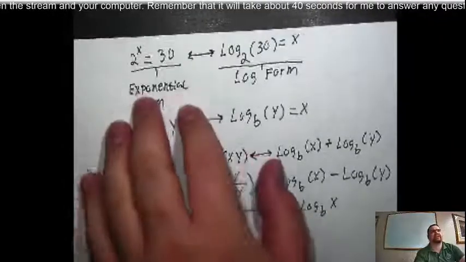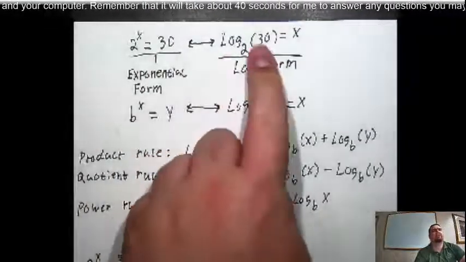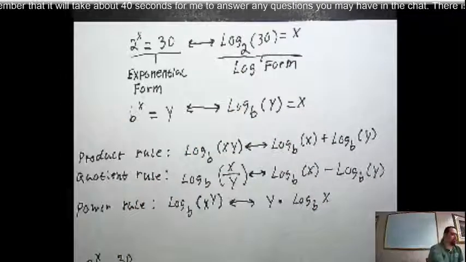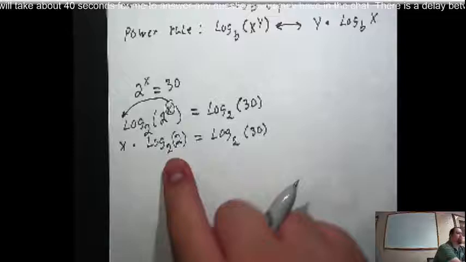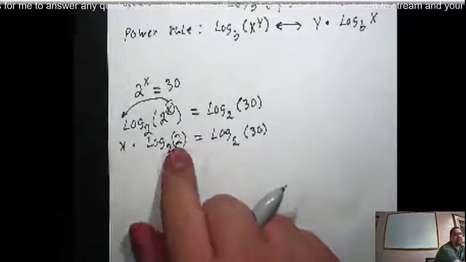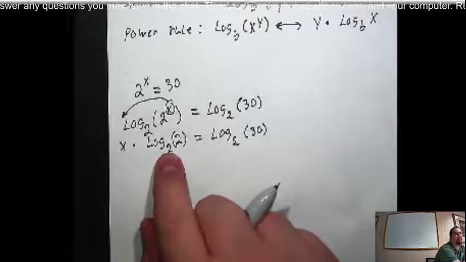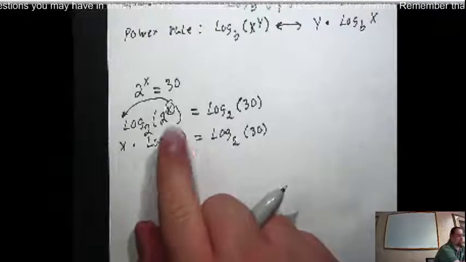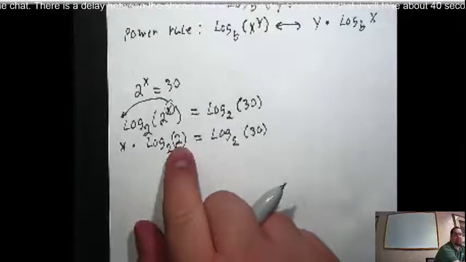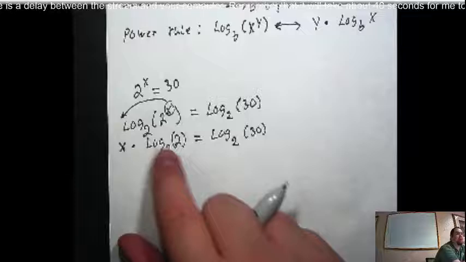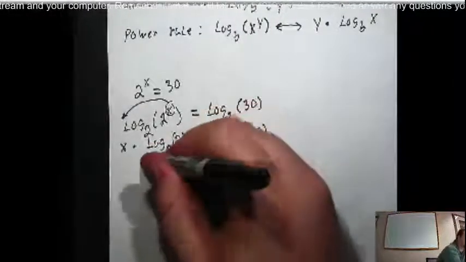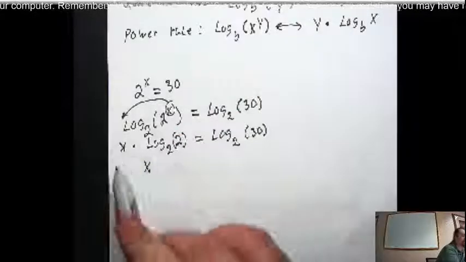Remember, what logs are asking is how far do we have to go in this thing's powers to get to here? So what power of 2 gives us 2 is what this is asking. Again, what power of this number gets us this number? Well, 2 to the first power gives us 2. So log base 2 of 2 is 1.